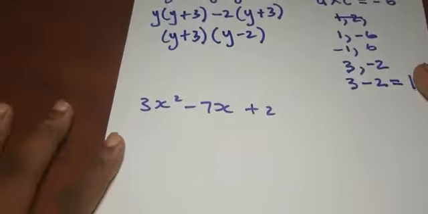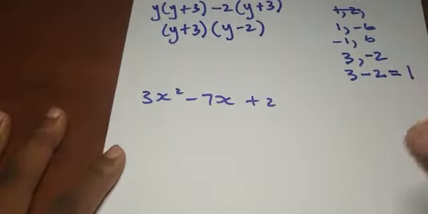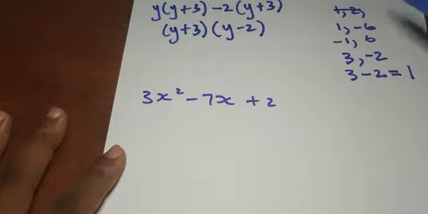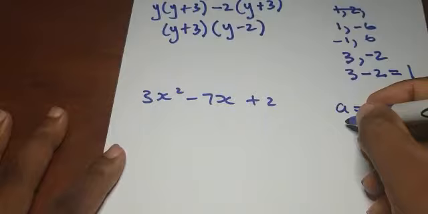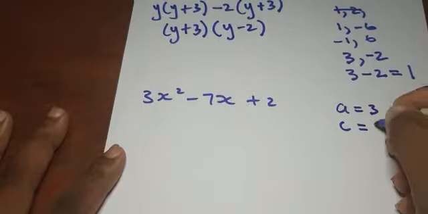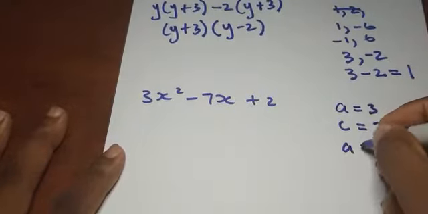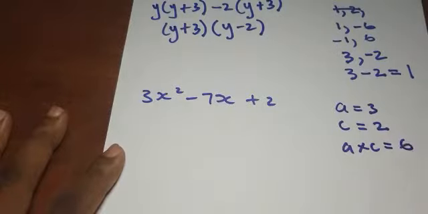Now, for a more interesting question where a is some number other than 1. In the last two examples, we had a being 1. In this case, a is 3 and c is 2. So a times c is 6.